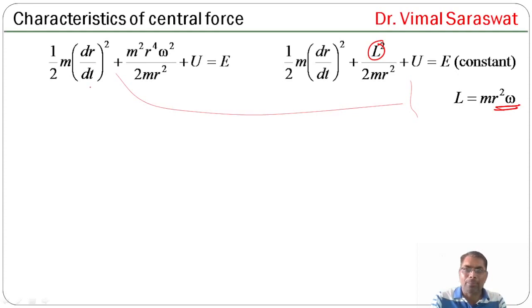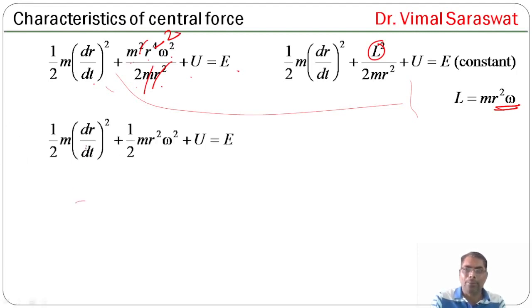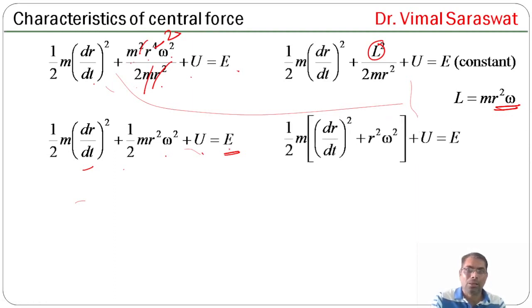So half m dr by dt whole square plus m square r raised to 4 omega square divided by twice m r square plus u equal to E. Now m and one m will be cancelled out, and r square will be cancelled out. So here we have half m dr by dt whole square plus half m r square omega square plus u equal to E, or half m times dr by dt whole square plus r square omega square plus u equal to E.